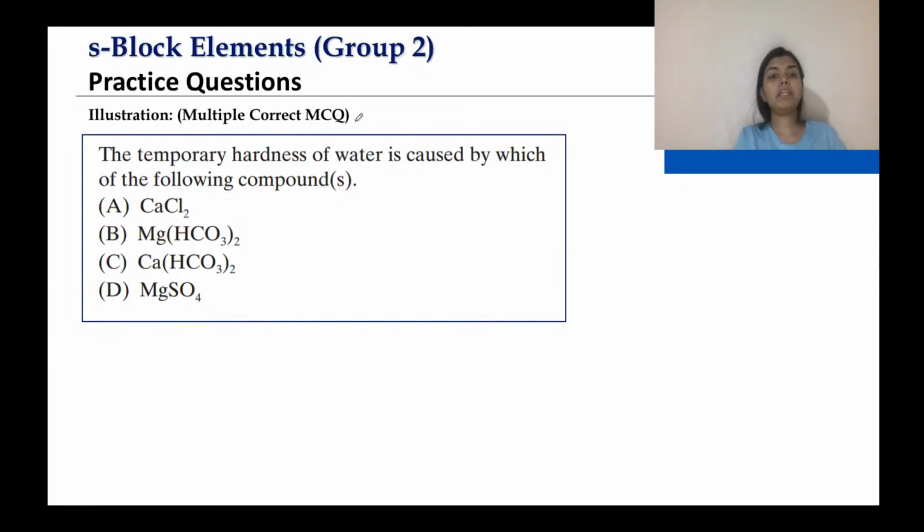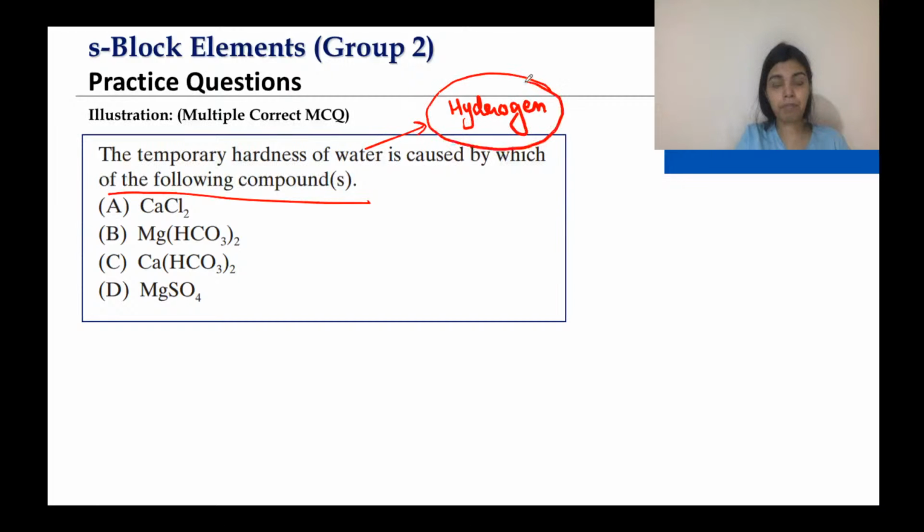Now, multiple correct MCQs. That means more than one option can be correct. The temporary hardness of water is caused by which of the following compounds? Already we have done the hydrogen chapter in which we have discussed the hardness of water. Tell me, who is responsible for carrying out the temporary hardness of water? More than one answer can be correct.